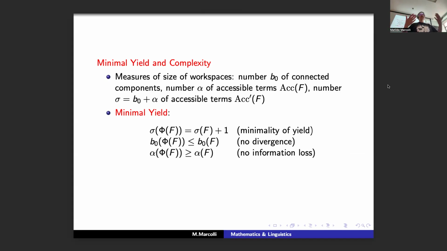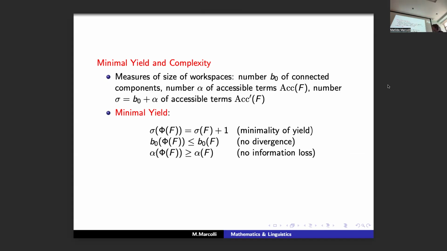Of course, there are some steps where you might not change the number of components, for example when you're doing movement on some structure, so you're not merging it with other structures, just merging it with itself. So the number of components sometimes may stay the same, but you don't want it to increase. You don't want things that diverge by creating infinite, increasingly large workspaces.